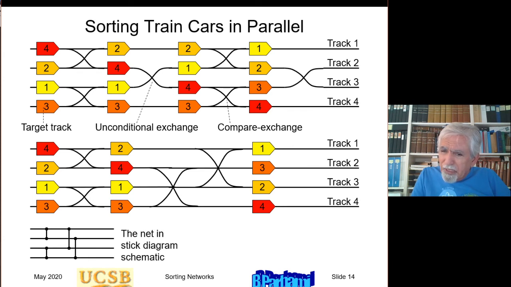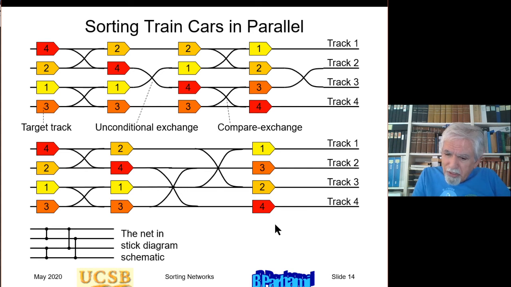So this network that I've shown there can be represented in simplified form by what we call a stick diagram. So basically, tracks are always horizontal. They never move from the horizontal place. Exchanges, conditional exchanges, are shown as sticks between these two, between these two, between these two, between these two. So this is what I have there so far, but the train is not properly sorted yet, okay?